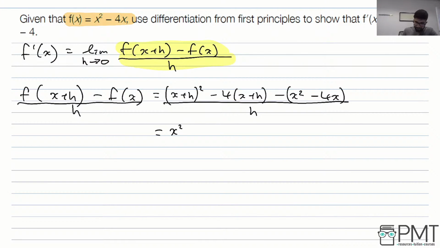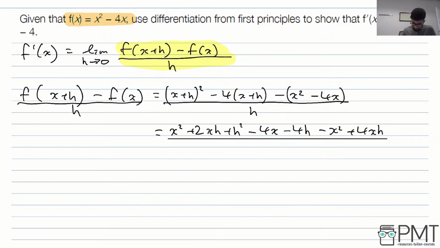We have x squared plus 2xh plus h squared, then take away 4x minus 4h, minus x squared plus 4x. We divide everything by h. Let's see what we are left with.